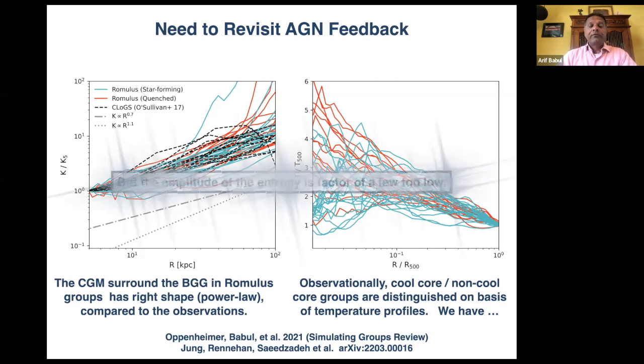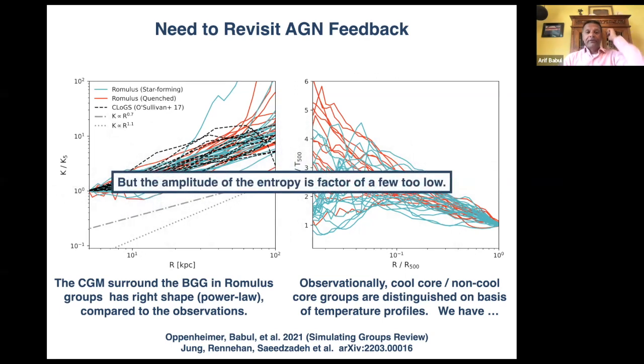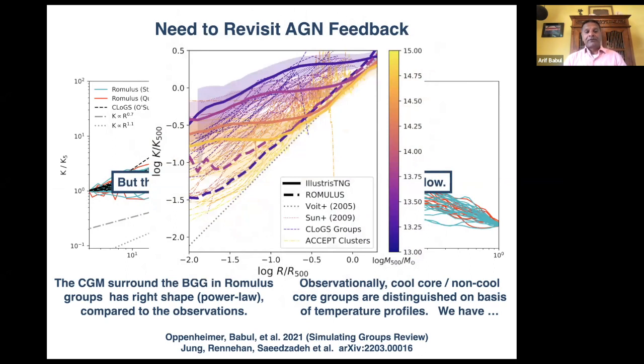Where we run into problems is that the amplitude of the entropy profiles is a factor of few too low. And this is illustrated by this plot. If you focus on the dashed purple and violet curves, those are the entropy profiles coming from Romulus simulations.